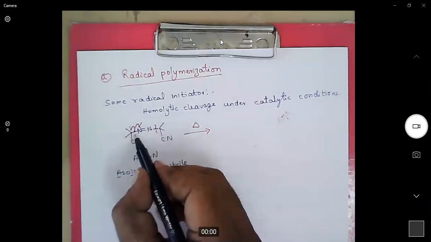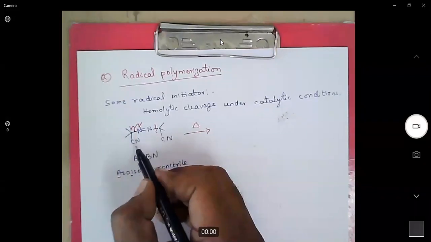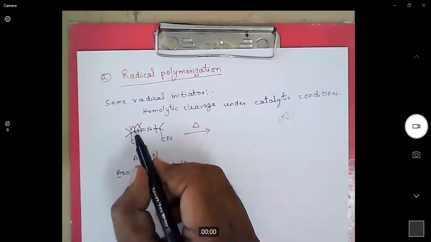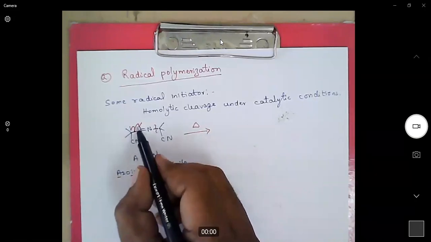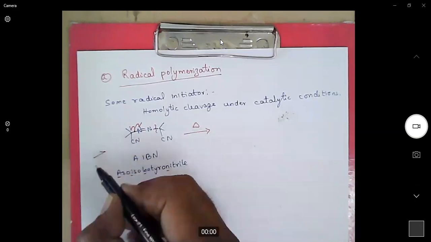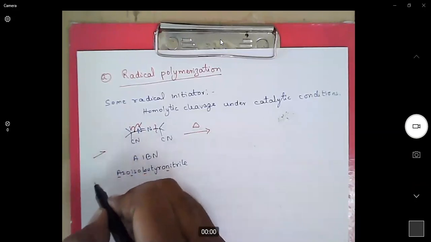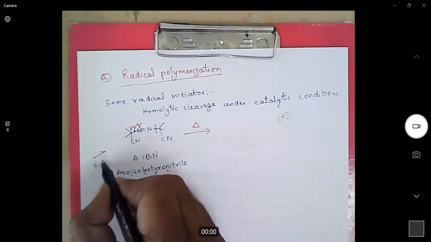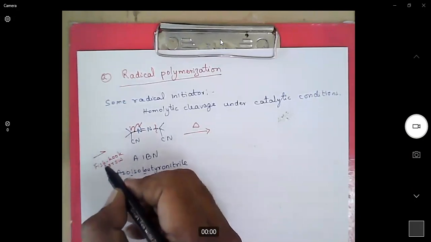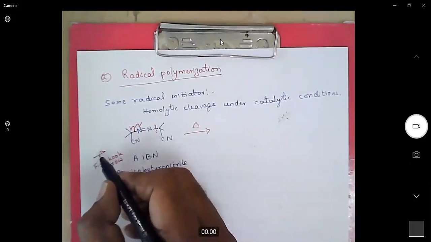So here we are generating radicals. That is why the generation of radicals is represented by a half arrow, also called a fish hook arrow. When there is polarization of two electrons, we use a complete arrow.